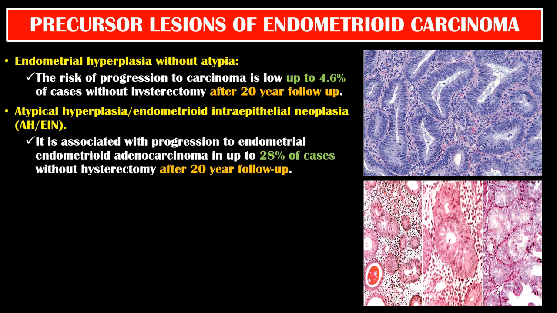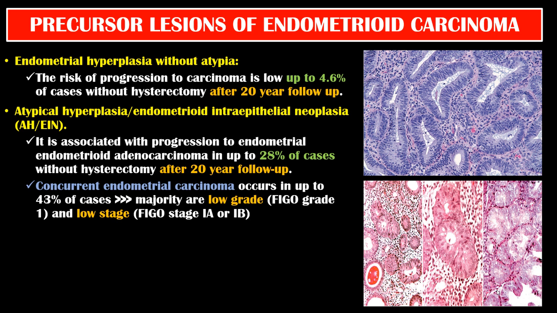It is associated with progression to endometrioid adenocarcinoma in up to 28% of cases without hysterectomy after 20-year follow-up. Concurrent endometrial carcinoma occurs in up to 43% of cases. However, the majority are low-grade FIGO grade 1, and low-stage FIGO stage 1A or 1B.